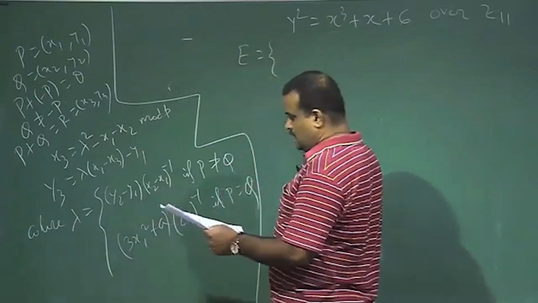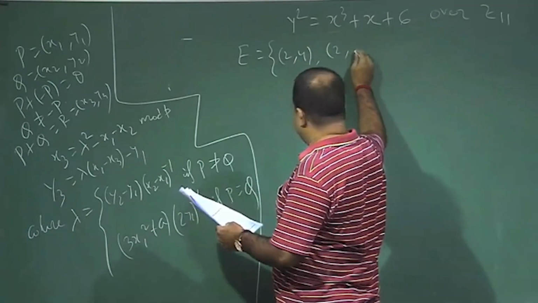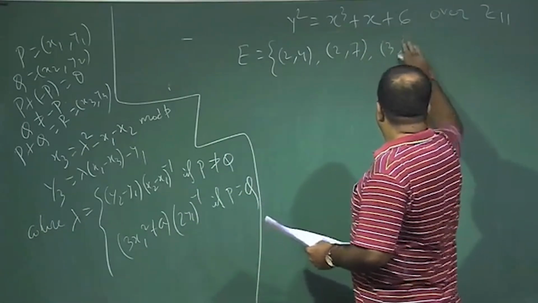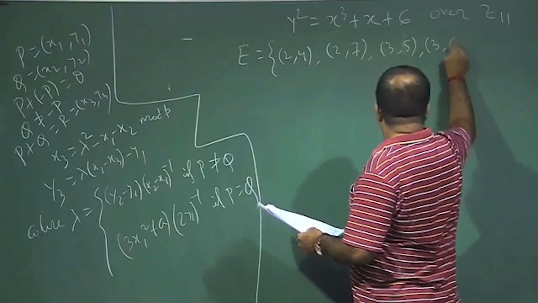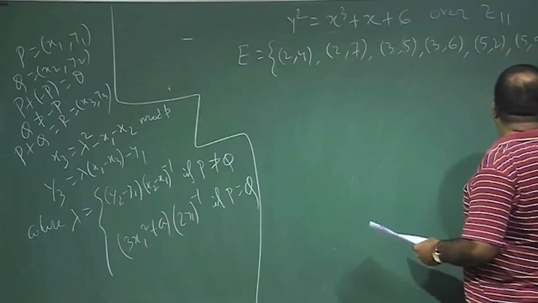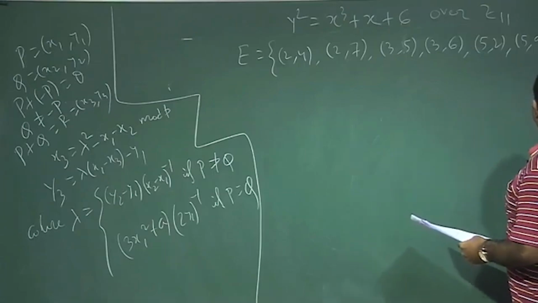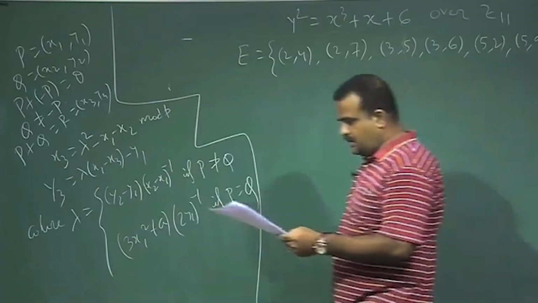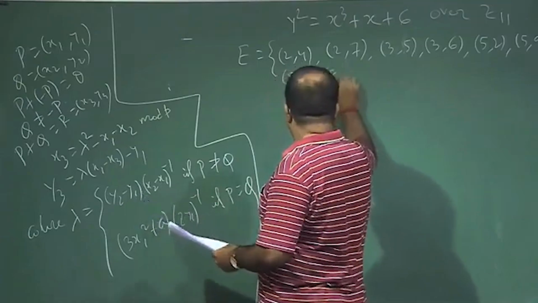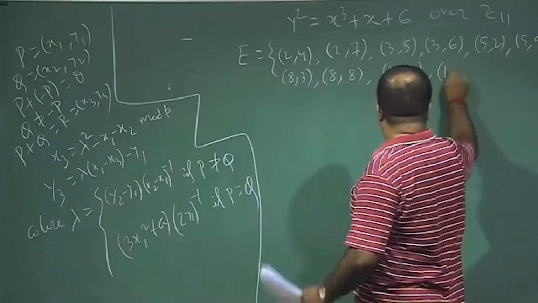Now p is 11, and we have seen the points E are basically 2 comma 4, 2 comma 7, let me just write it again, 3 comma 5, 3 comma 6, 5 comma 2, 5 comma 9, 7 comma 2, 7 comma 9, and we have 8 comma 3, 8 comma 8, and 10 comma 2 and 10 comma 9.